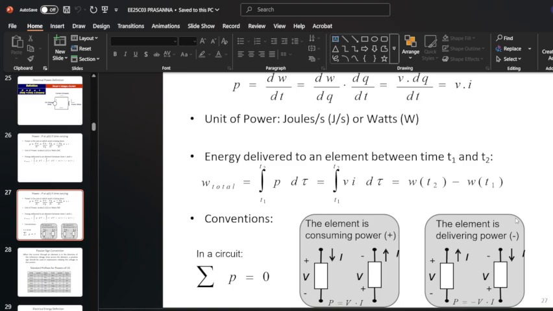As we saw in the previous slide about voltage, here also the element is consuming power.